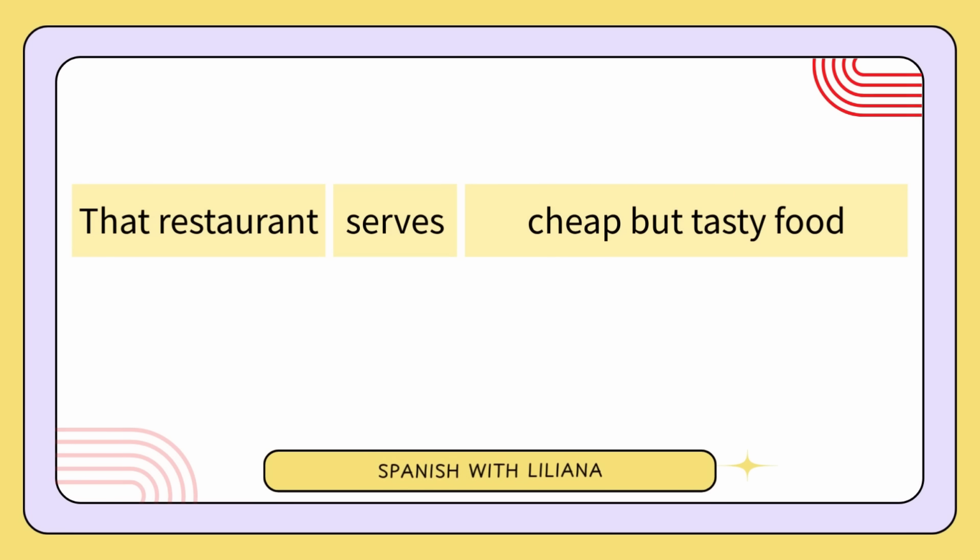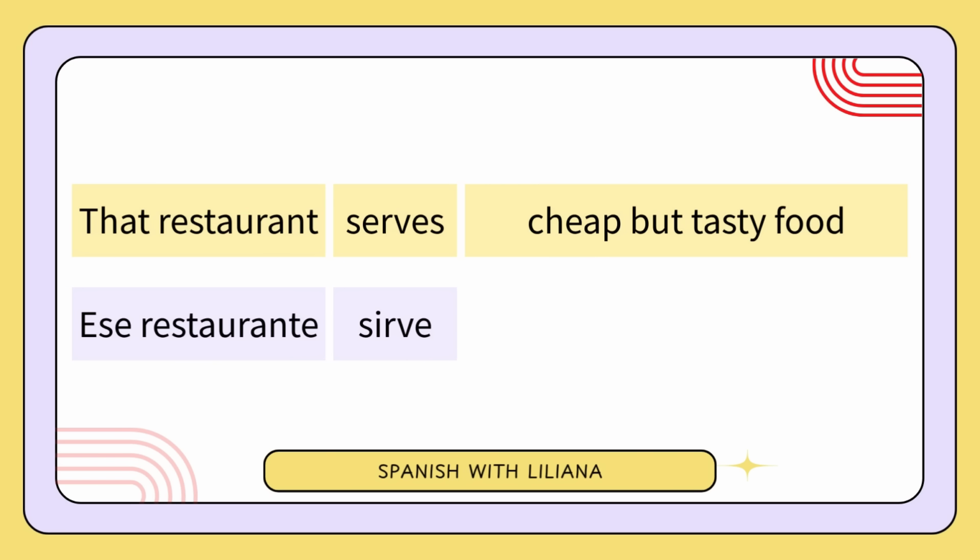All right, how would you say in Spanish, that restaurant serves cheap but tasty food? How do you say that restaurant? It is ese restaurante. Ese because restaurante is a masculine noun. Serves, in this case, is sirve. Sirve.